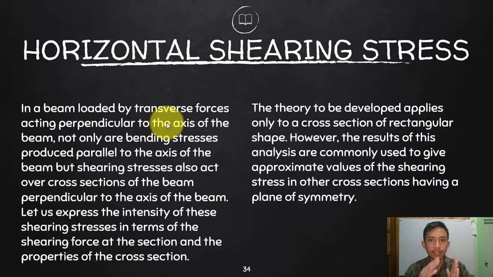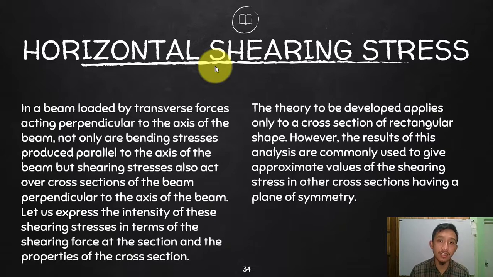There are two types of shearing stress. The shearing stress that is parallel to the area of the cross section is of course the one resisting the vertical forces, and then there is what we call the horizontal shearing stress, which is perpendicular to the cross section. That is what we are going to consider right now.